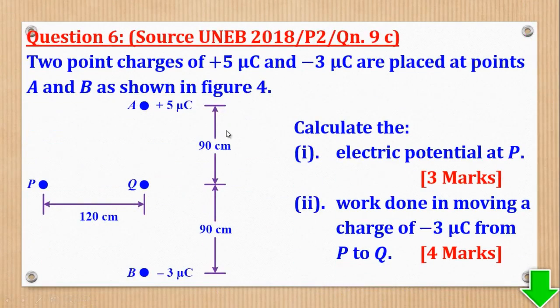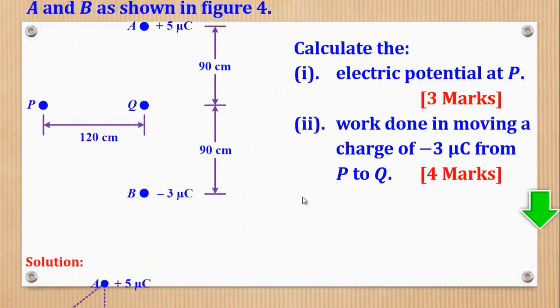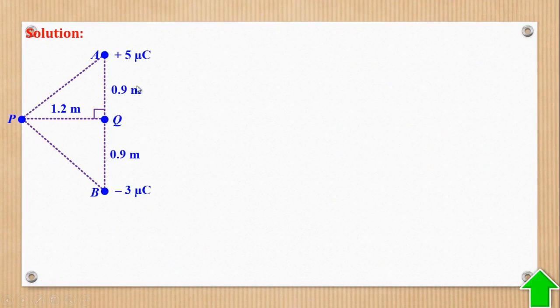For example, this was 90 centimeters, it is now 0.9 meter. And this is 120 centimeters, it is now 1.2 meters. That's what you're seeing here. So now this one looks a little easier to work with.